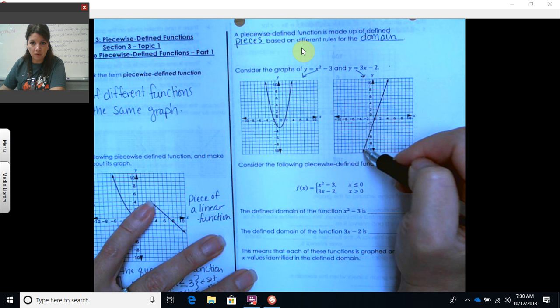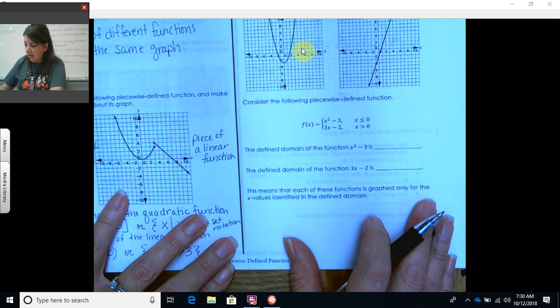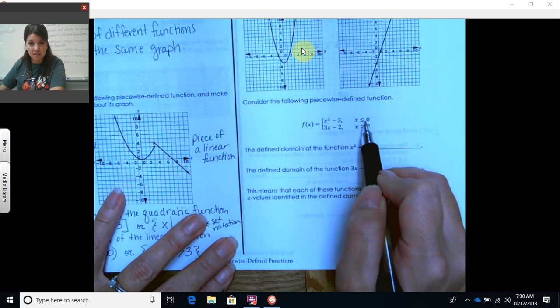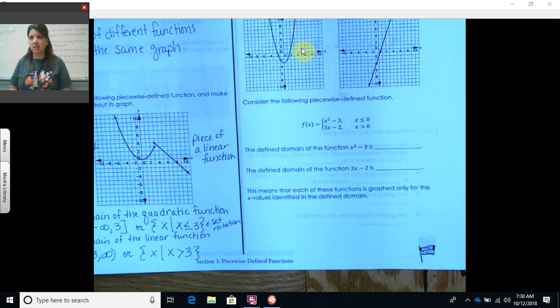Consider the following piecewise defined function. f of x equals x squared minus 3 when x is less than or equal to 0, and f of x equals 3x minus 2 when x is greater than 0. So this is like two different functions on the same graph, but you're not graphing the whole thing.